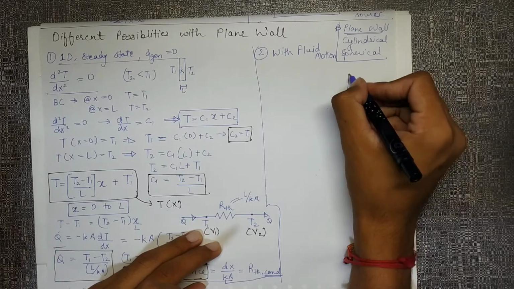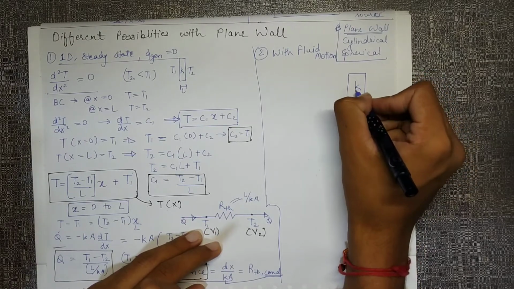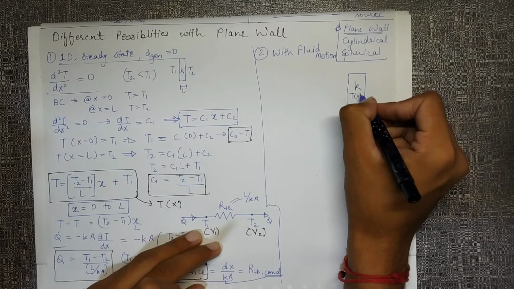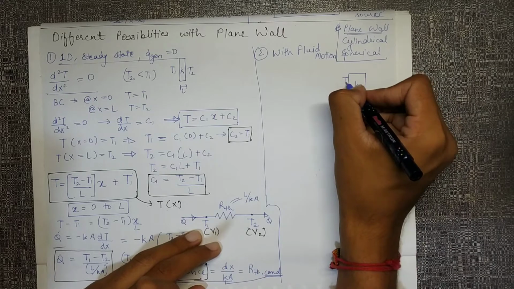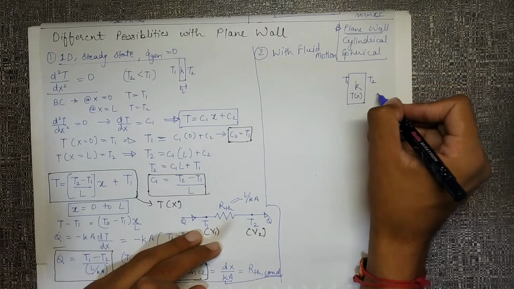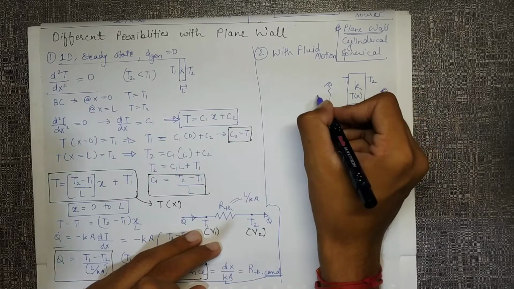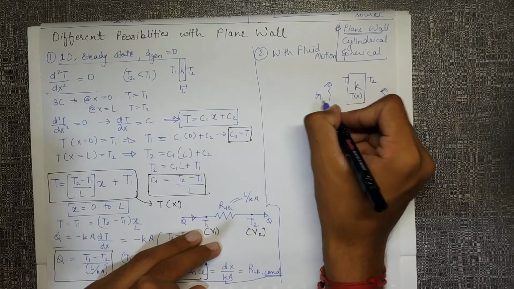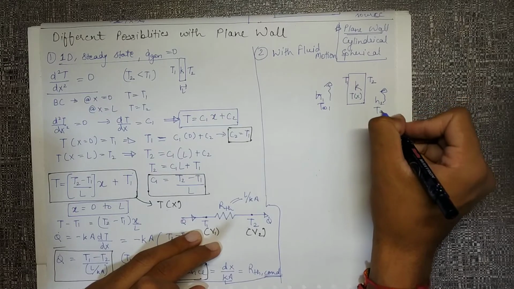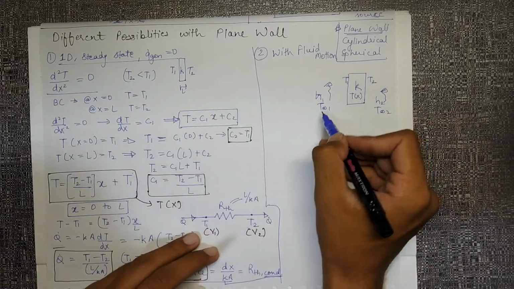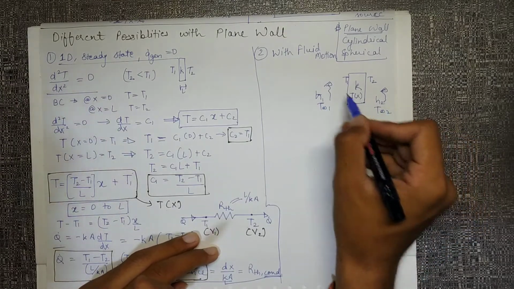So what we have is something like this: K, T of x. Still we are assuming steady state. This is temperature T1, surface temperature T2. Over here the fluid is moving with H1 and T infinity 1, and with H2 and T infinity 2. These are the properties: the upstream temperature and convectivity of the first fluid, and the upstream temperature and convectivity of the second fluid.